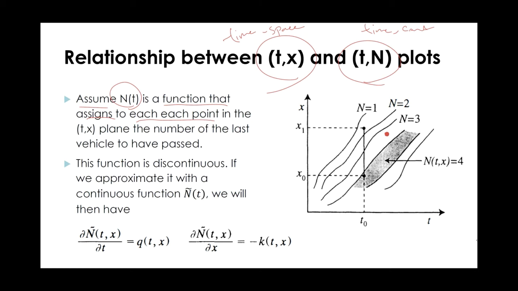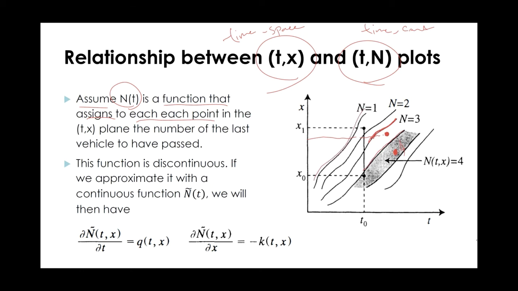what would be the number of the last vehicle that has passed at this point? It would be 3, right? Because vehicle number 3 is the last vehicle that has passed this point. If I draw a point here, N(t) would give me 4, because this is vehicle number 4.